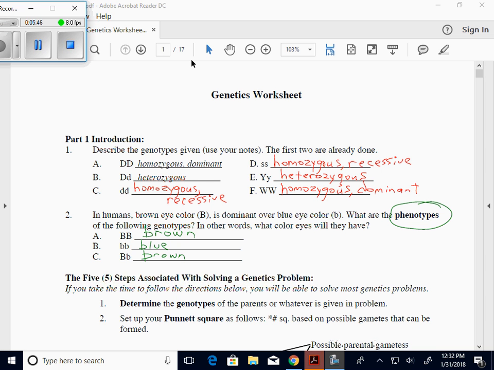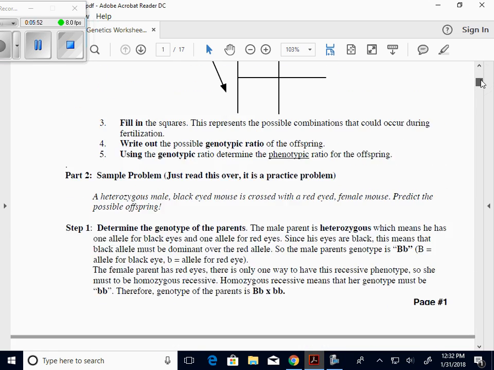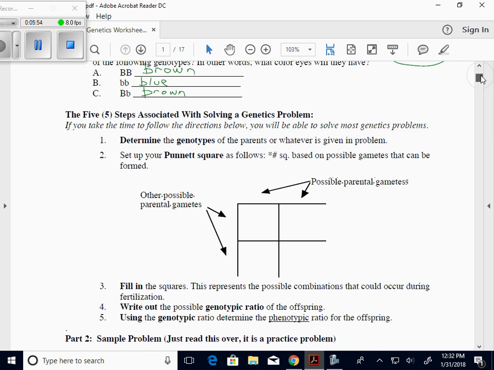Now, after we've done that terminology, this, I believe, is going to be review also. How many people remember what we call a Punnett square? Have you done Punnett squares before? You should have done Punnett squares in middle school.